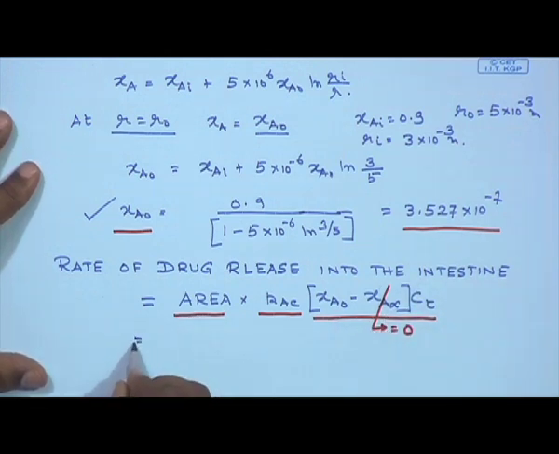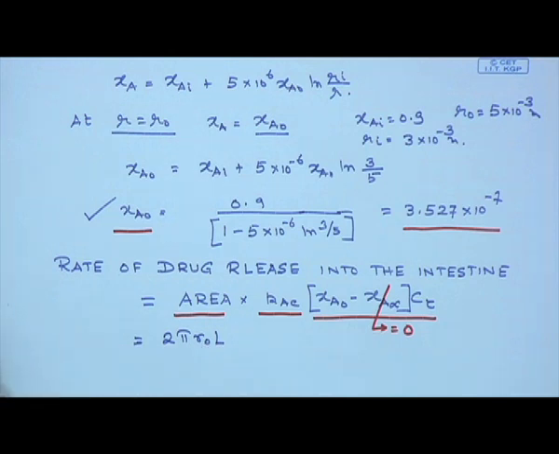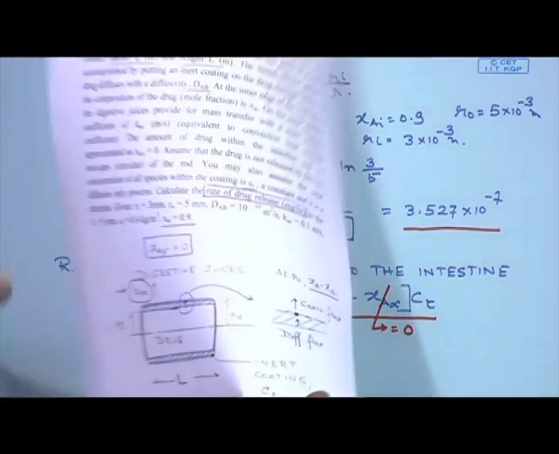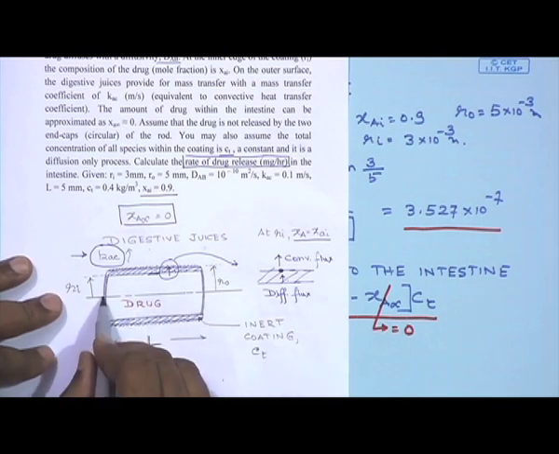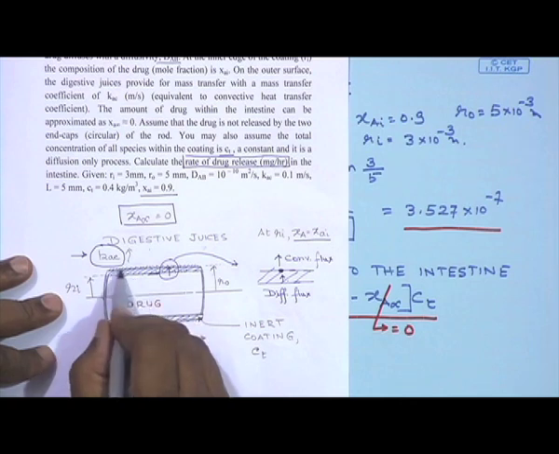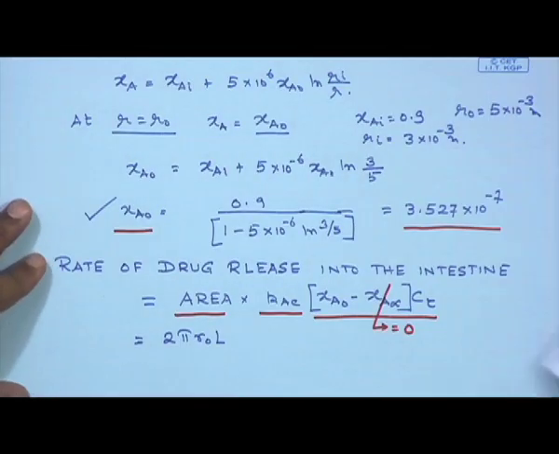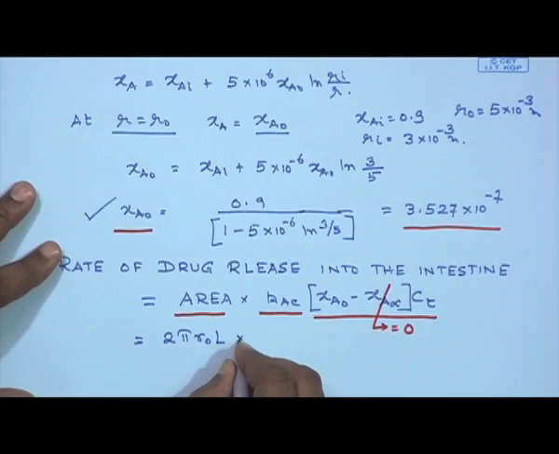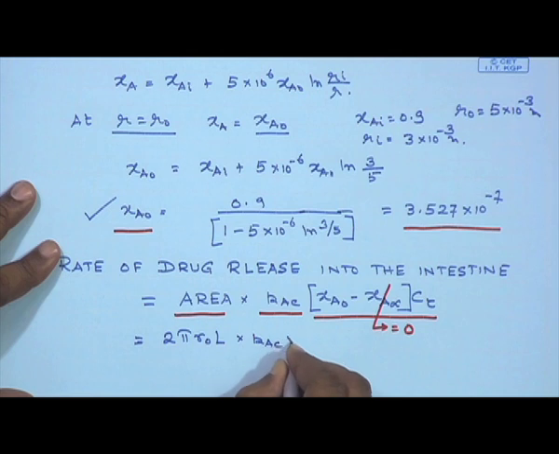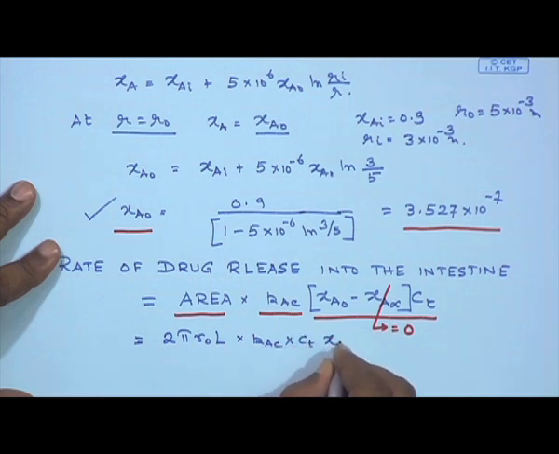If I put the expression for area, it is simply going to be twice pi R_0 times L. It is a cylindrical area, and only the side area is going to contribute. The end caps do not contribute to the movement of the drug. So, the outer area is twice pi R_0 times L, times K_AC times C_T times x_A0.